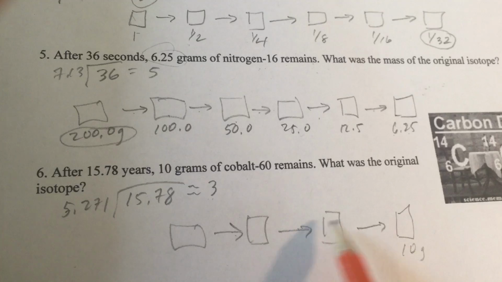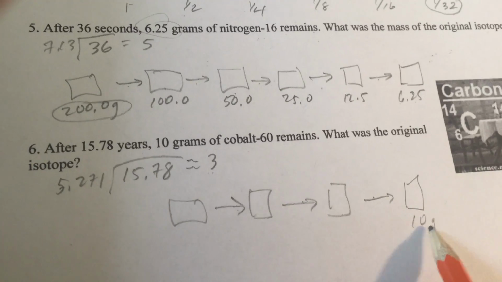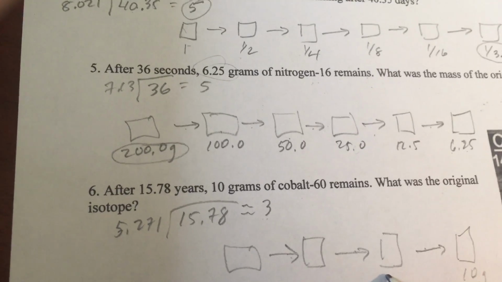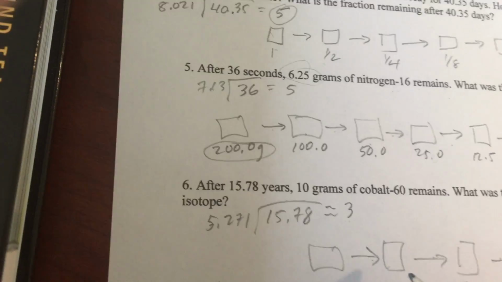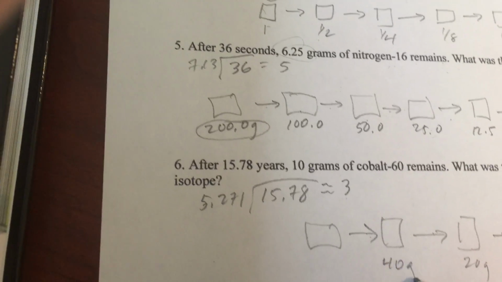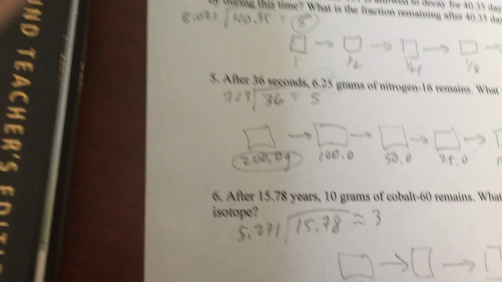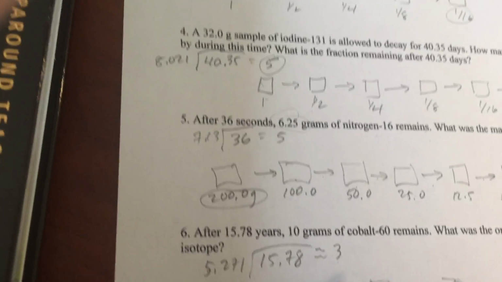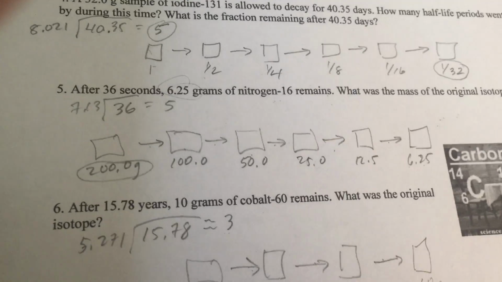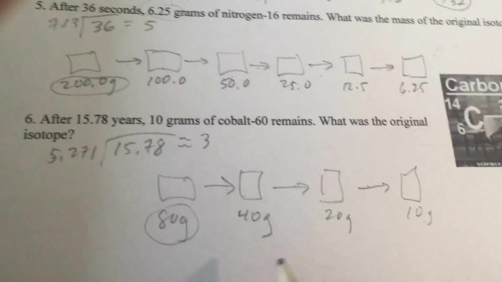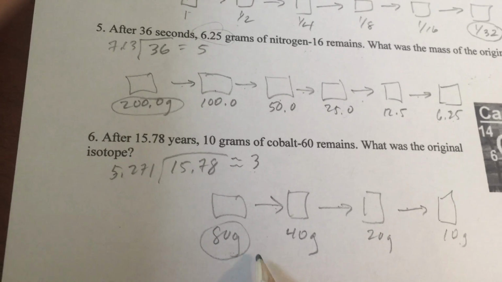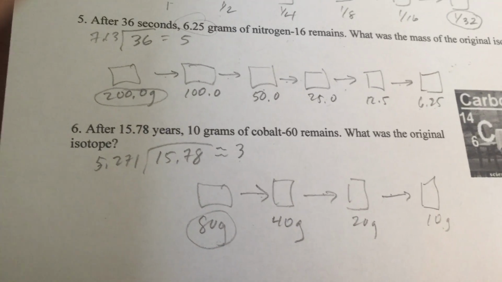So I've got 1, 2, 3 half-lives. I ended with 10. So this is going to be 20, this is going to be 40, and this is going to be 80. What was the original isotope? It really should say how much was the mass of the original isotope. So we're going to start with 80 and then go through 3 half-lives.